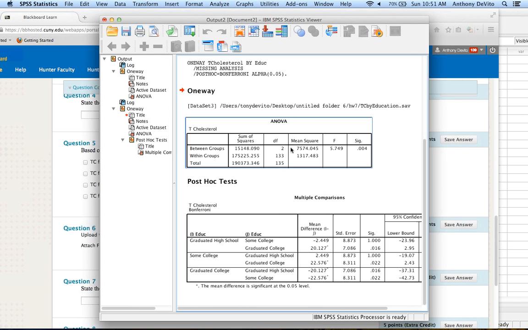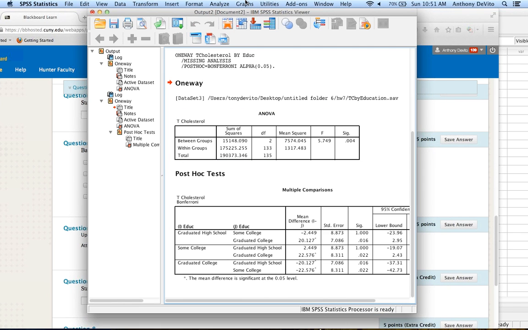Okay, so now let's see what my multiple comparisons tell me. Remember, the level of significance has to be less than 0.05. For graduated high school versus graduated college, that's a significant result. For high school versus some college, that's not a significant result.